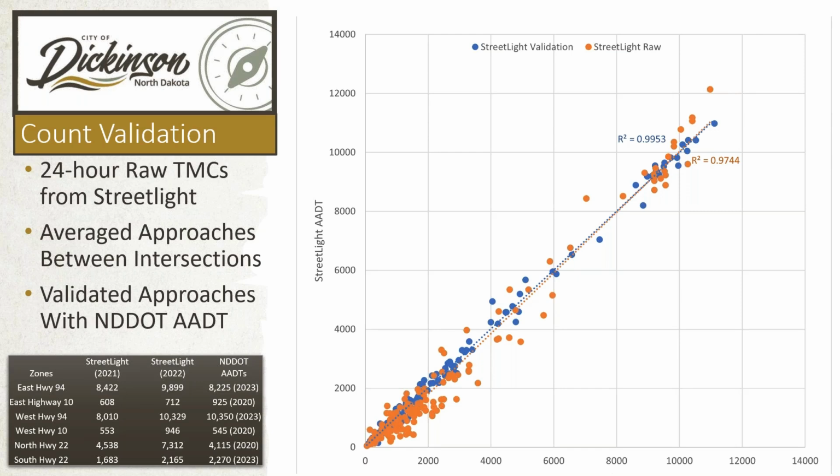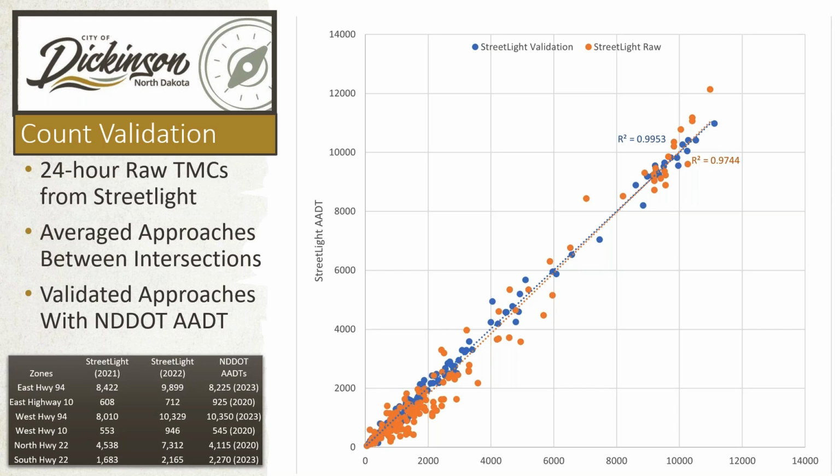Before every project, we compare the 2021 location-based data that Streetlight has with the 2022 connected vehicle data that Streetlight has with the counts we're working with, so we can get a more balanced set of data from the start rather than having to make adjustments further on.